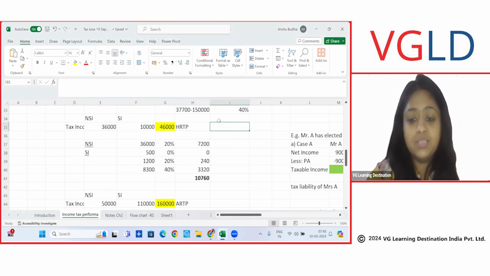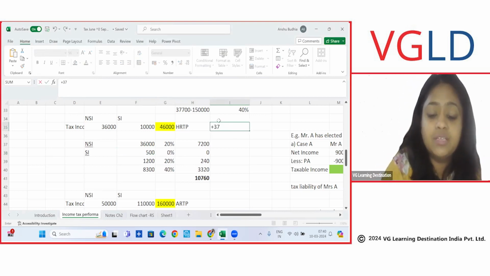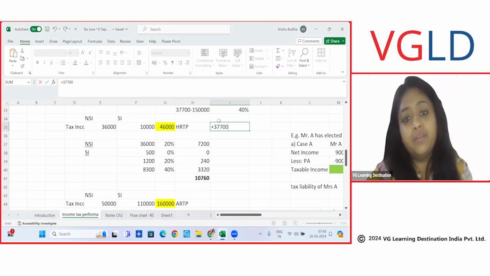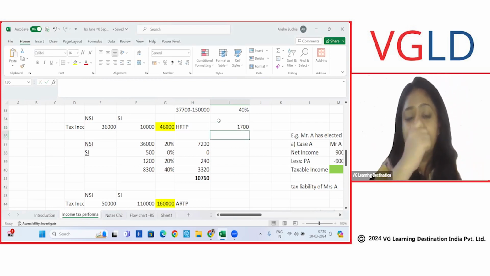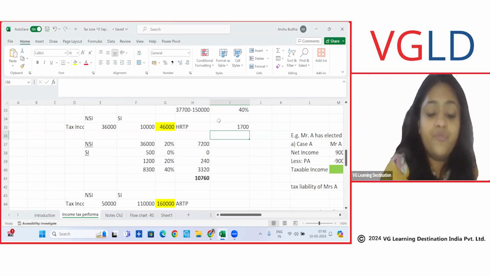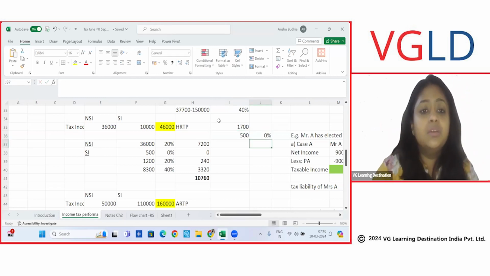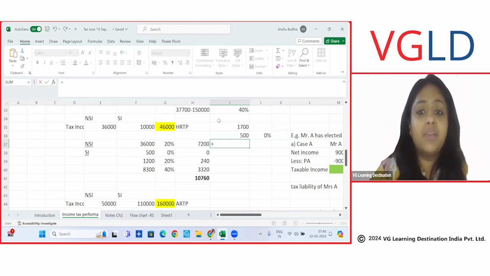What I mean to say, just look here. 37,700 is my basic rate band. From this, I will reduce 36,000. So I get 1,700 still basic rate band remaining. But 500 I have already covered for 0%. So how much is the remaining rate band? It is not 1,700. It is 1,700 less 500.